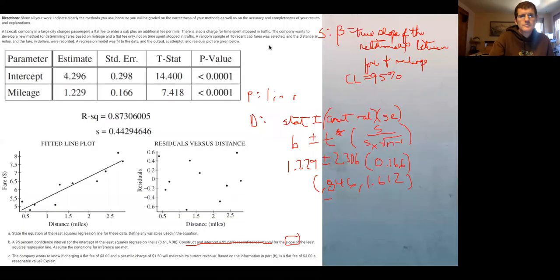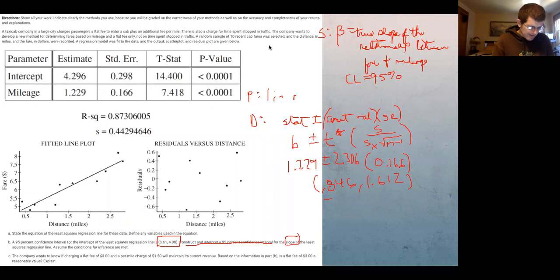Okay, so that's a very good answer right here. If we're looking at this, the interval given for the starting point for their current revenue is between 361 and 498.